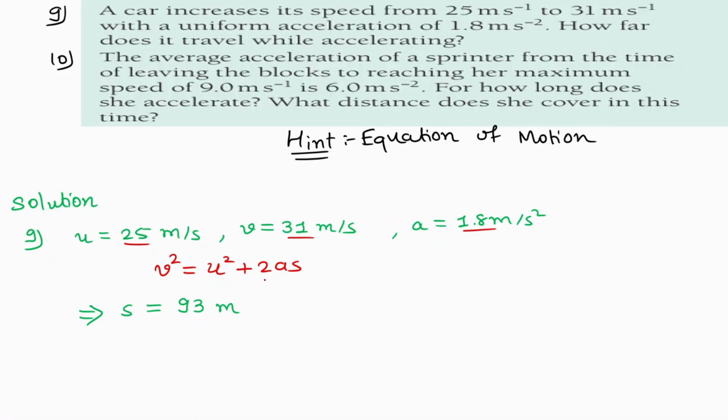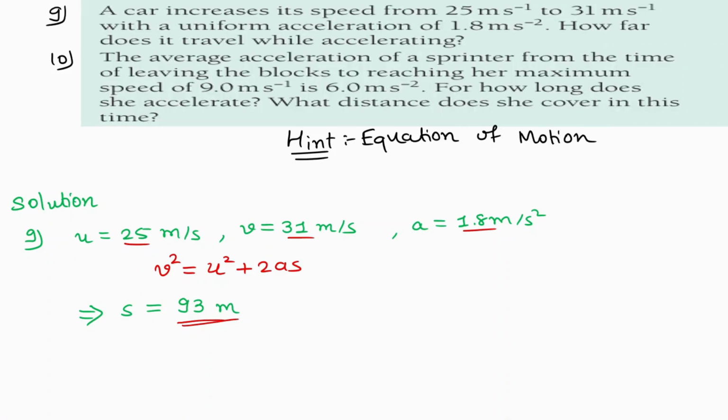So we use this equation: v square is equal to u square plus 2as. So we get 93 meter. In this type of question, you have to pause your mind and try to recall these equations, compare what is given and what you have to find with these three equations, and then you can easily understand and solve the question.